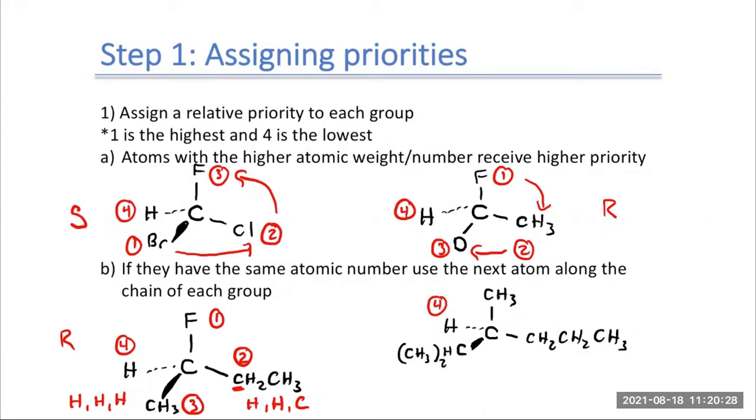Now we're going to look at the other 3. I have a methyl, a propyl, and an isopropyl. So my methyl has hydrogen, hydrogen, hydrogen on it. The propyl has hydrogen, hydrogen, carbon. That one's going to be higher than the methyl.